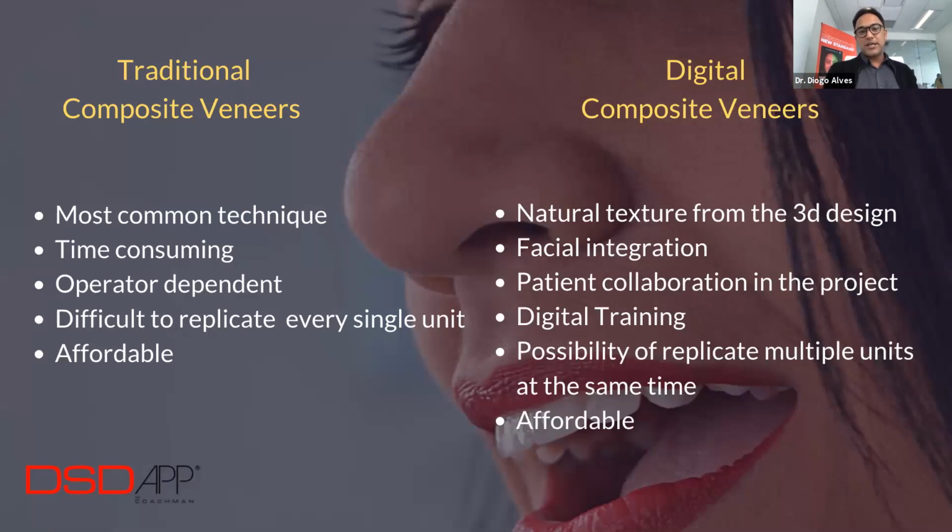You guys will see here in the app that once you are selecting one of those natural 3D shapes that you have in the app, you also get the chance to already have all these anatomies from the buccal area already there. So all that you have to do is to get an index, to place it in the patient's mouth. And once you apply the composite, the buccal surface will already be ready for you.